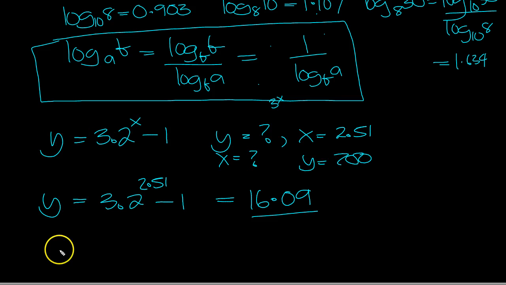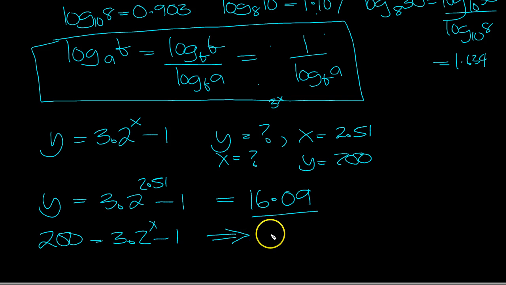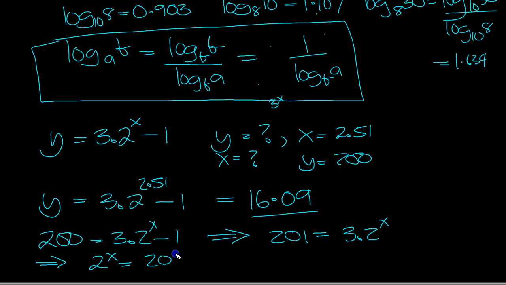Now what does x equal? Put 200 in here. 200 equals 3 times 2 to the x minus 1. Move the 1 over first, so 201 is equal to 3 times 2 to the x. 2 to the x then is equal to 201 over 3, which is 67.